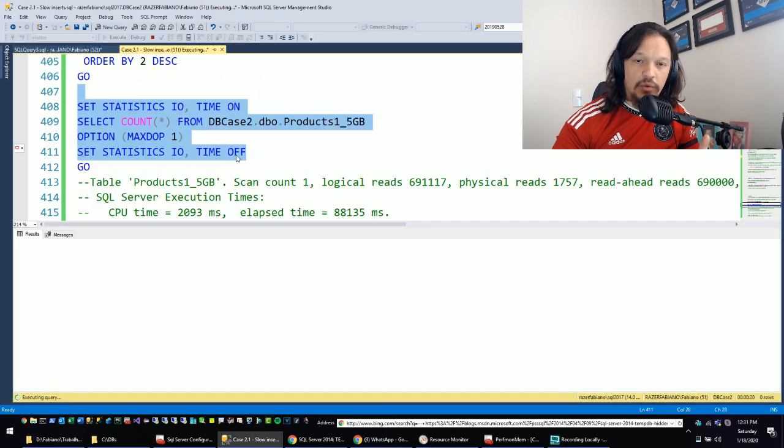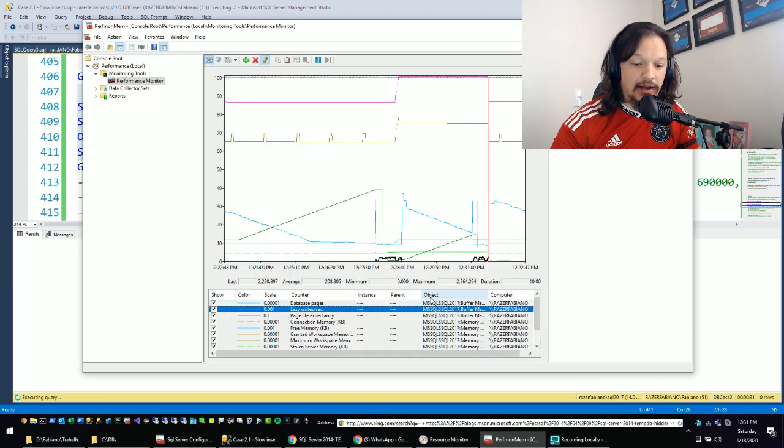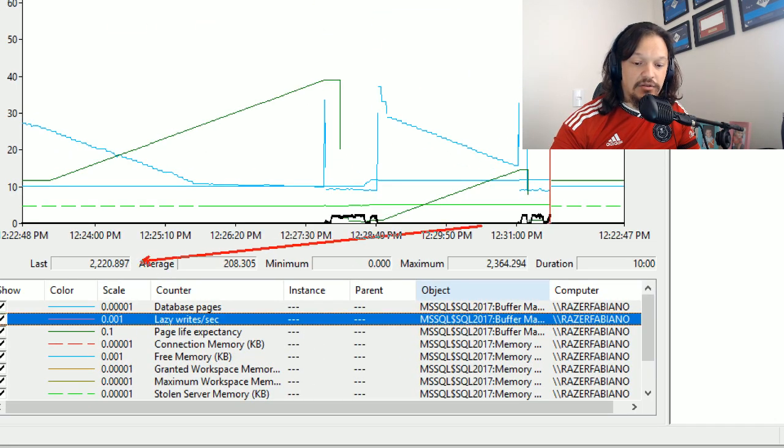Because when I ran it, LazyWriter was called, and then LazyWriter found a lot of dirty pages, and it's now working like crazy, trying to remove all those pages from the memory, and before it does it, it has to flush the page to disk.